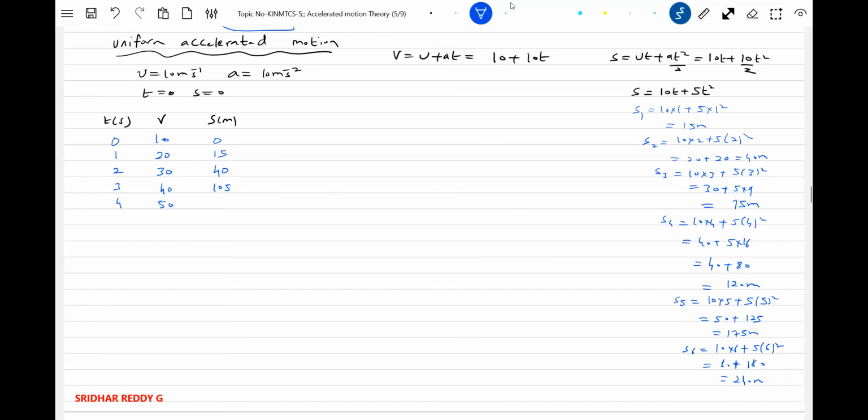So the position at 4 seconds will be 120. For 5, it will be 175. For 6, it will be 240. 75, this I made change.